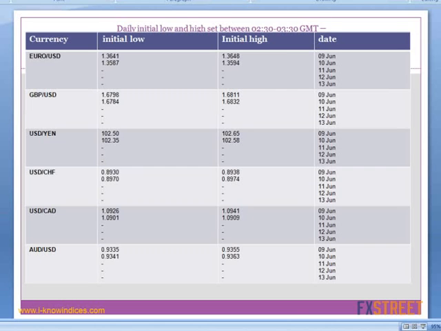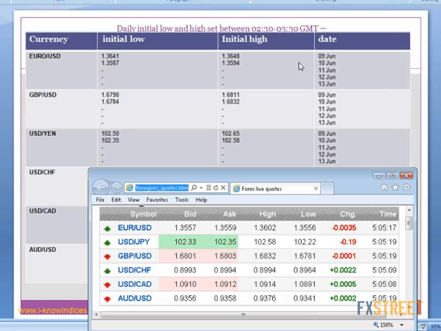The players set the lows and the highs for the day around 3:30 GMT when the volume improves on a daily basis. So between 2:30 and 3:30 GMT, they set the low and the high. So they take about 1 hour and then they try to set the low and the high.